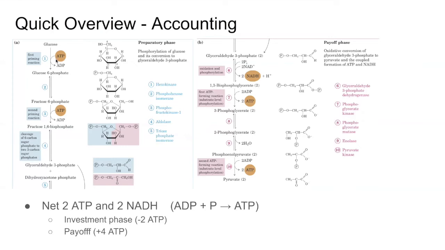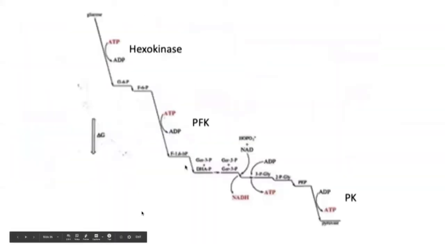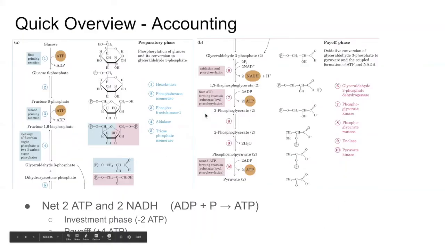We have the first part of glycolysis, in which we spent 2 ATP. So we call that the investment phase, so minus 2 ATP. And then in the next phase, we generate ATP as well. And in this pathway, we generate 2 ATP, but remember, because the sugar is split into 2, this reaction happens twice.